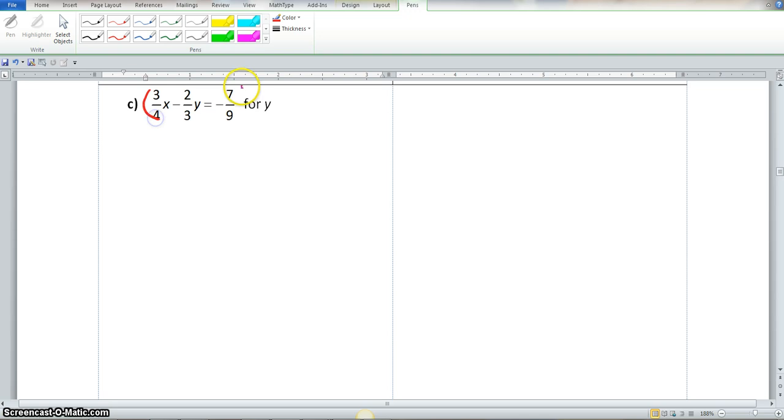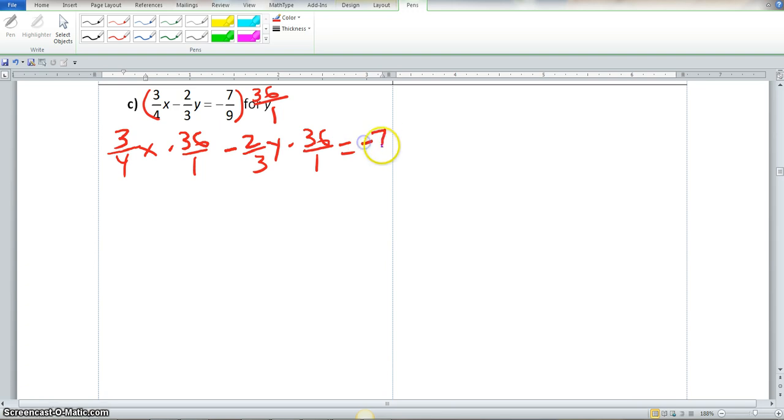So now, I'm going to write the 36 over 1 here, but you all know that that is a 36 there. So now we will multiply. We will have 3/4 x times 36 over 1 minus 2/3 y times 36 over 1 is equal to negative 7/9 times 36 over 1.